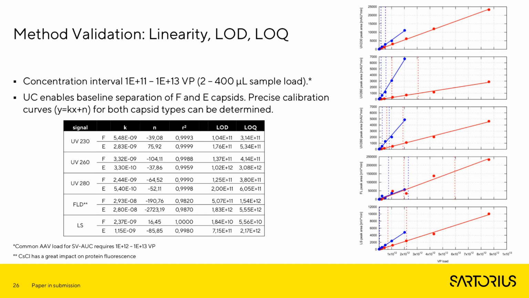And what we observed here is that sensitivity of the method is not as great as, for example, chromatography. So limit of detection and limit of quantification is 1 to 2 orders of magnitude higher compared to chromatography. And this is due to some machinery limitations. But we can see that linearity of the calibration curves is really great. So the method can serve us as a quantitative method for characterizing AAV capsids.